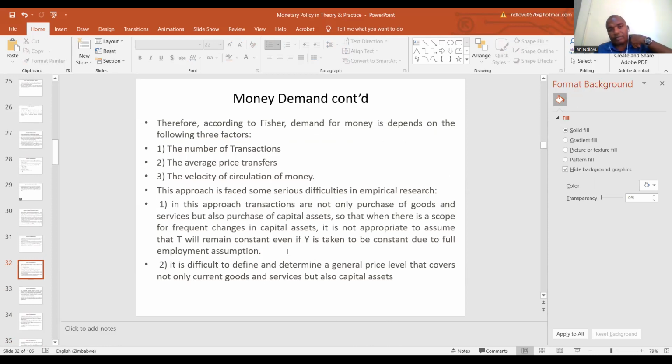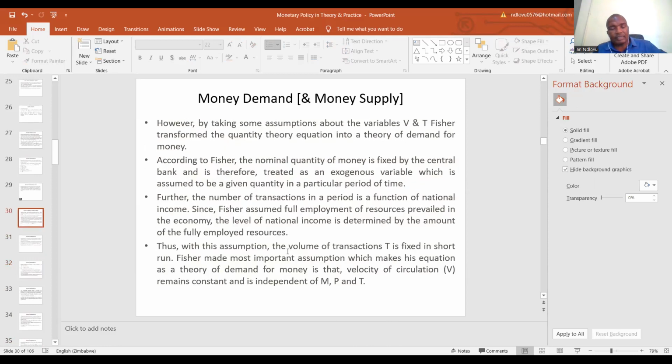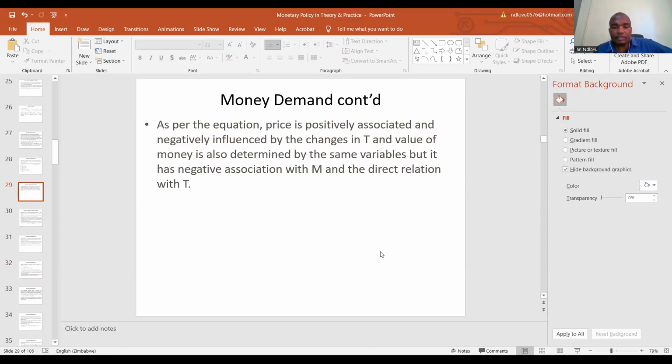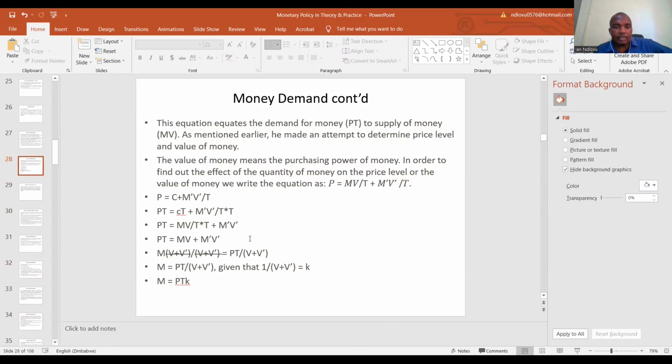If you check my exposition, it is just the same as the elementary exposition where credit money is excluded. In most elementary textbooks, the plus M prime V prime is excluded.